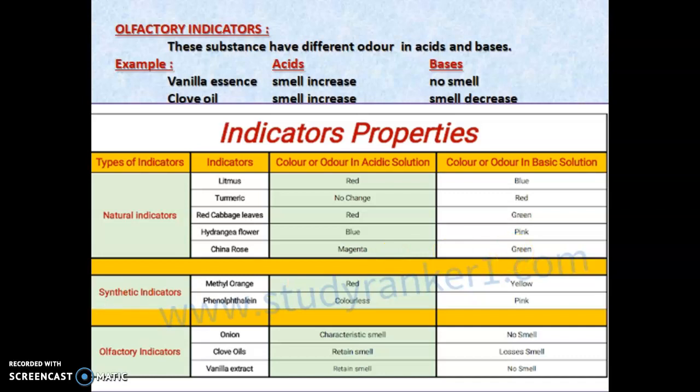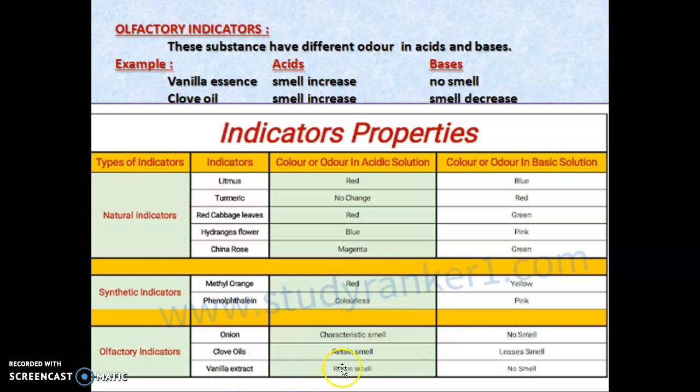Synthetic indicators are prepared in the laboratory, as we have already seen: methyl orange and phenolphthalein. Methyl orange is red in acid and yellow in base; phenolphthalein is colorless in acid and pink in base. And olfactory indicators: onion has a characteristic smell in an acidic solution and no smell in a basic solution.